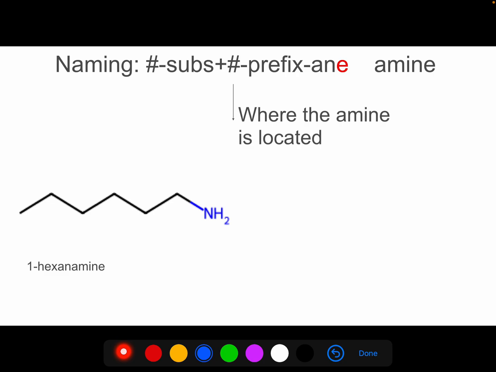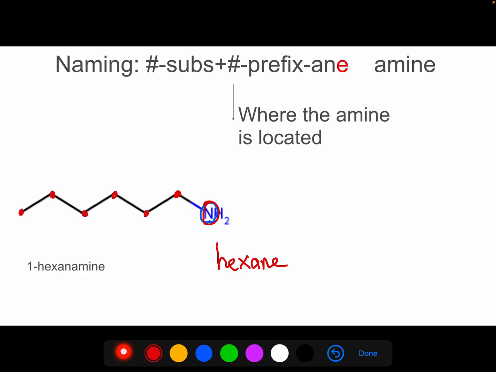So how are we naming the amines? An amine is a carbon chain that's connected to nitrogen. Okay, so we are going to count the number of carbons. 1, 2, 3, 4, 5, 6. So 6 carbon. I am writing my alkane name.